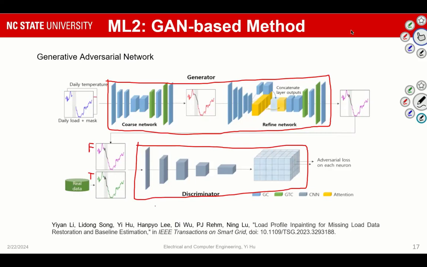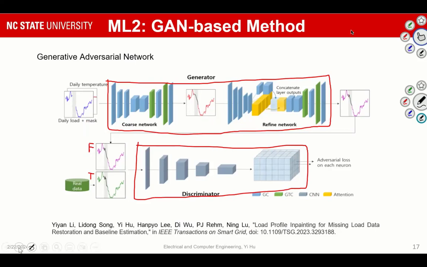Then the discriminator takes the restored data as well as the real data in the raw data set, and finds out the difference, and those two networks battle against each other. Finally, when those two networks are balanced, the generator is good enough to generate good results. Okay, this is for this one.